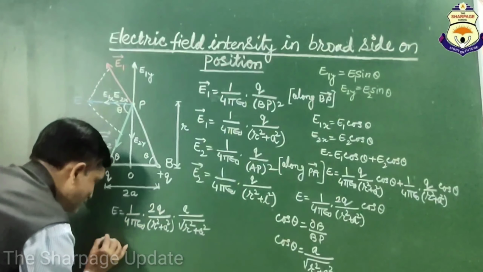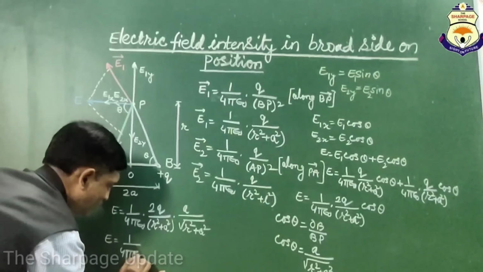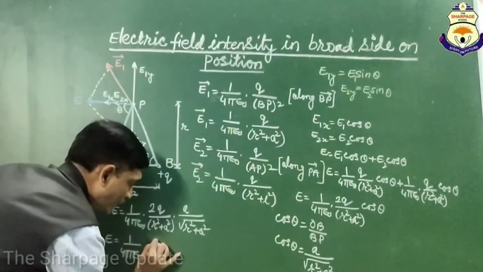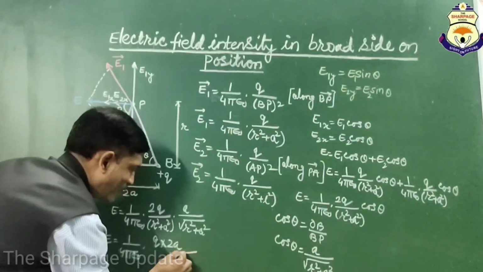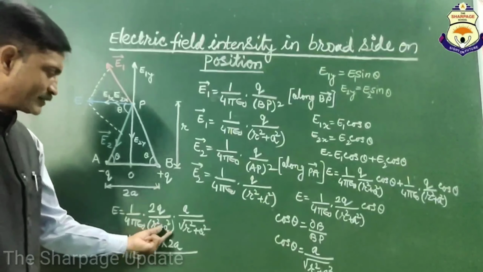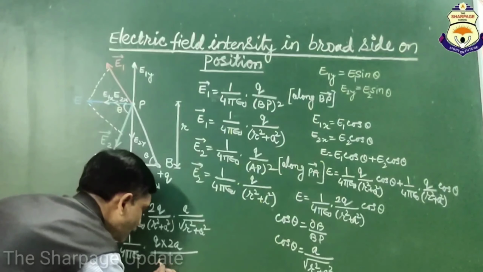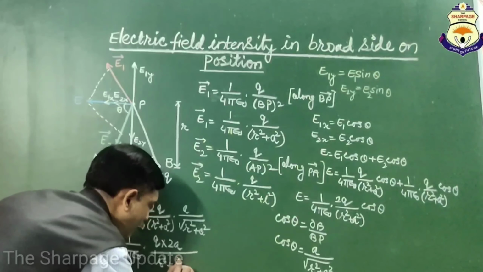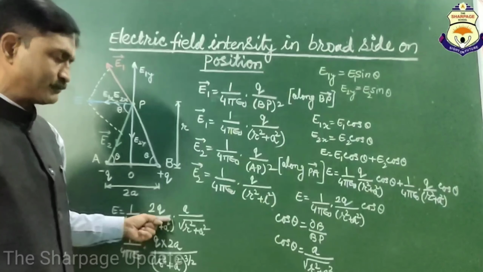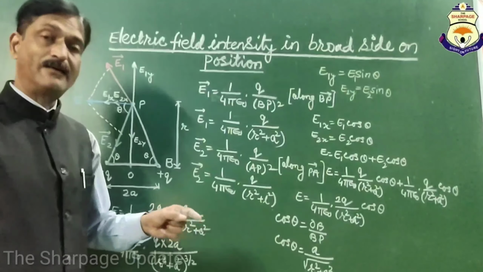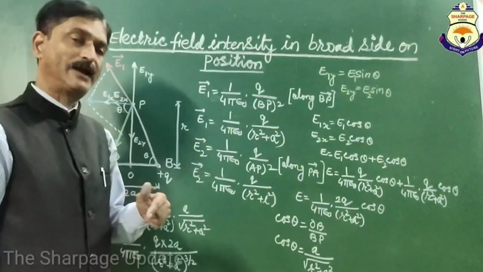This can be written as E equal to 1 upon 4 pi epsilon 0 into q into 2a divided by, now r square plus a square multiplied by square root of r square plus a square can be written as (r square plus a square) raised to the power 3 upon 2, because this bracket has power 1 and this bracket has power 1 upon 2. So 1 plus 1 upon 2 is equal to 3 upon 2.